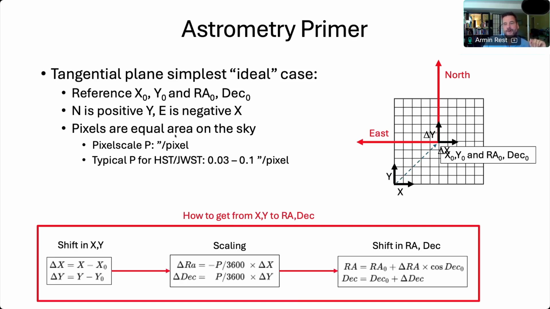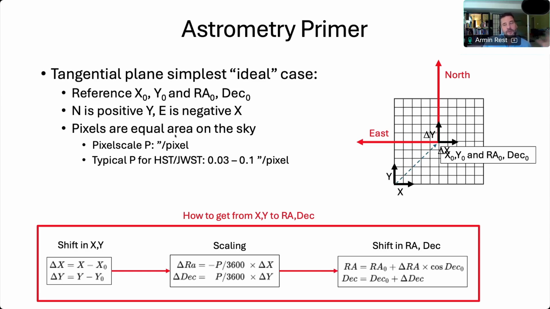On the right you see an illustration of a detector, and normally you have the coordinate system of the detector at the lower left corner in XY coordinates. In the simplest case, the detector is actually aligned with the positive y-axis to the north and negative x-axis to the east.